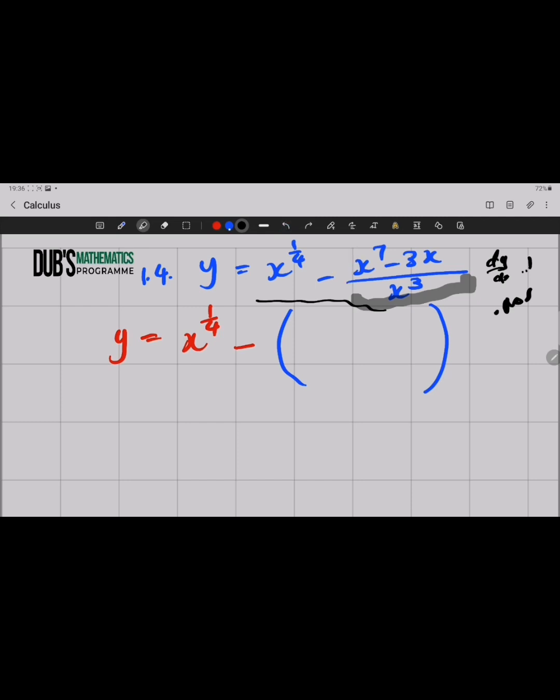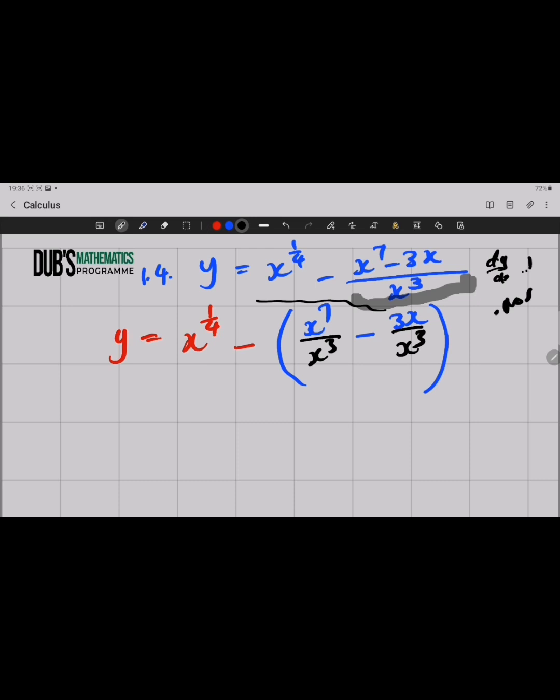So what we'll do then, we're just gonna split that one. It's gonna be x to the power of 7 divided by x cubed. Then we have that minus. We've got 3x, but now you're going to distribute again our x cubed.